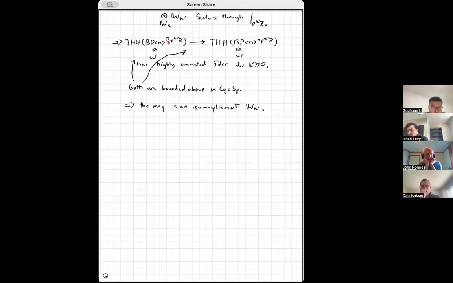Having this isomorphism of modules, what that tells us is, what is this W? It's a type n+1 complex modulo some power of v. And so when you take THH of BP<n> with the trivial action, we learn that there's an equivalence between that and THH with the non-trivial action.